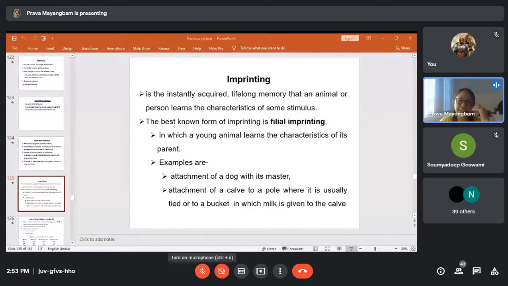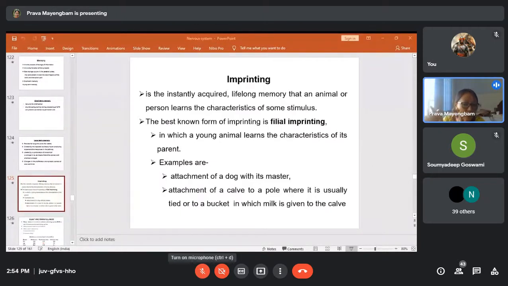Imprinting means something like, you must have seen a mother duck with numbers of chicks with her, and among those ducklings, one chicken chick is also there.